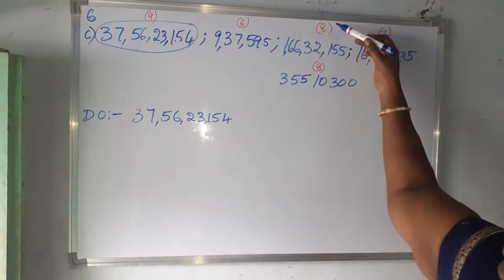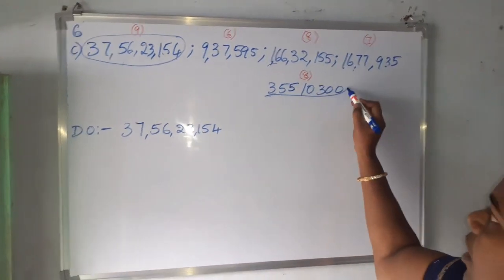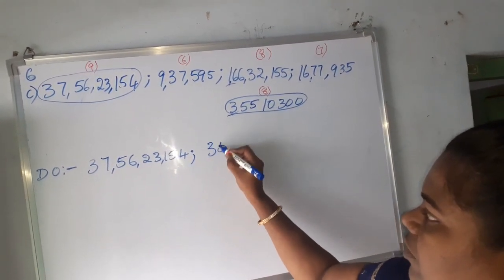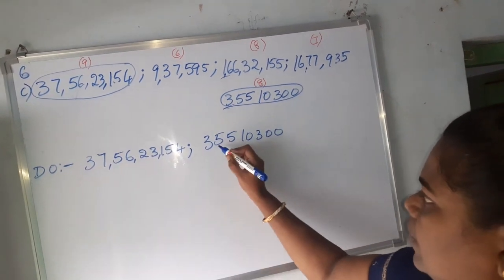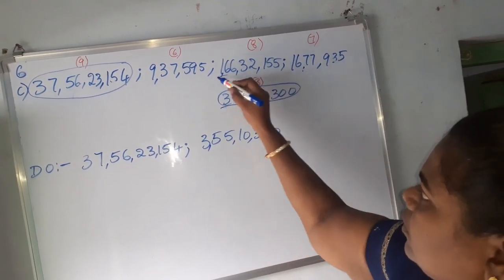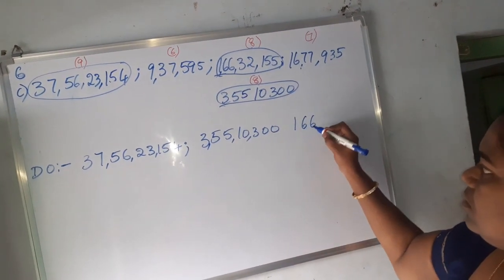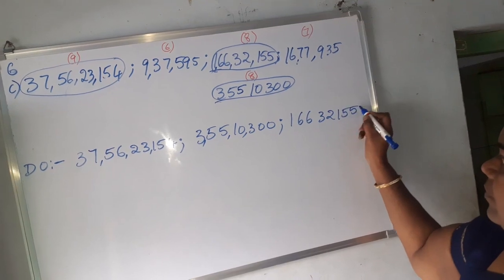Then after 9 we have two 8-digit numbers. So compare 3 and 1. So 3 is the largest among this. So next is this 35,510,300. Next is the same number of digits, that is 132155.